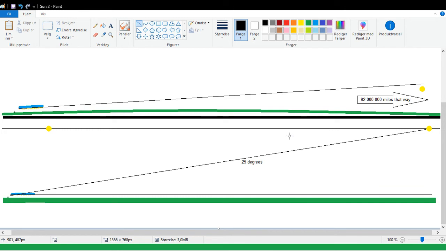And as I said before, I don't care how high up you want to have your sun. The lower you go, the more you need to explain. The higher you go, the steeper angle you have here. But then you say, oh, this is perspective again. Well, I disagree again.